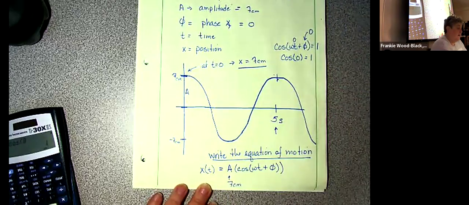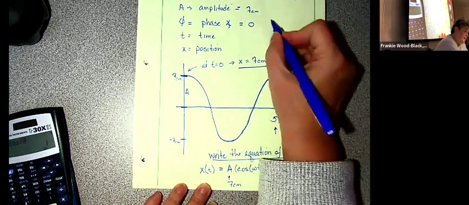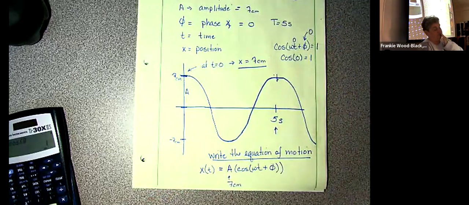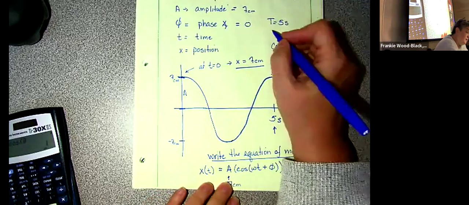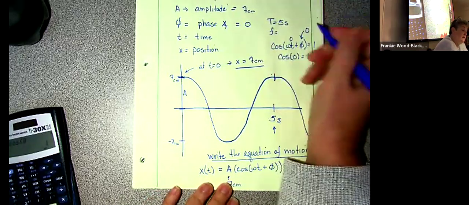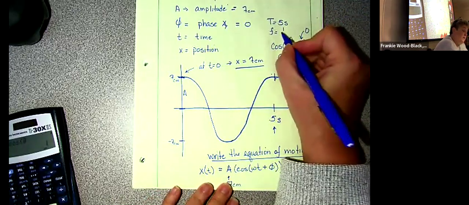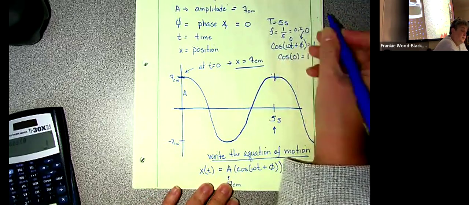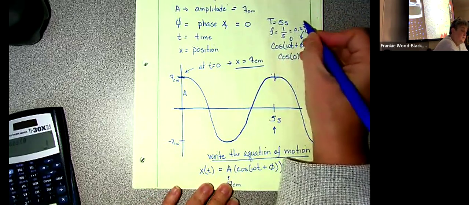So my period T is going to equal 5 seconds, which means my frequency is going to be 1 over 5, or 0.2 hertz.